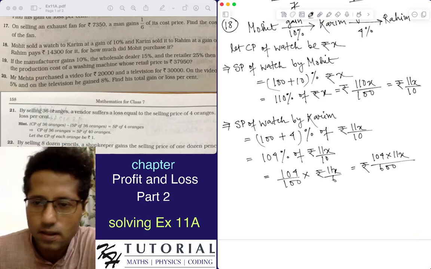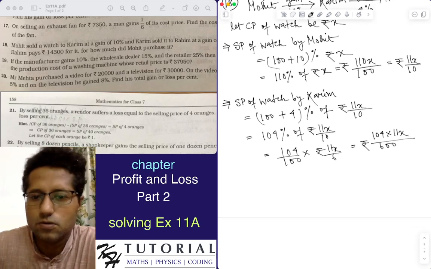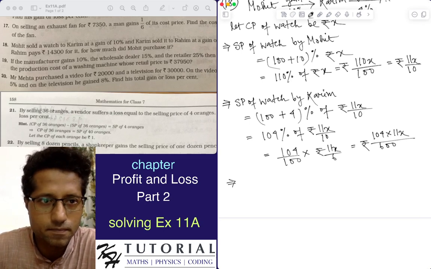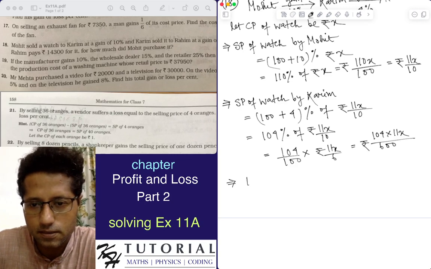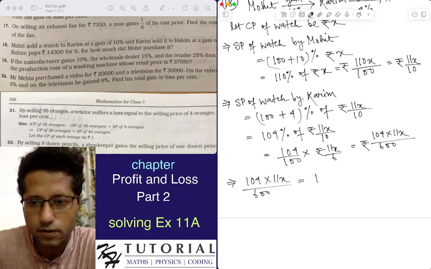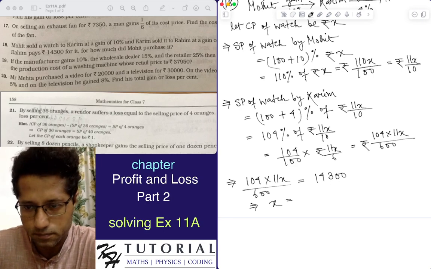This is also the purchase price or the cost price for Rahim. And the cost price of Rahim is given. It says that Rahim pays rupees 14,300 for it. So now we can say that 104 into 11x divided by 1000 is equal to 14300.